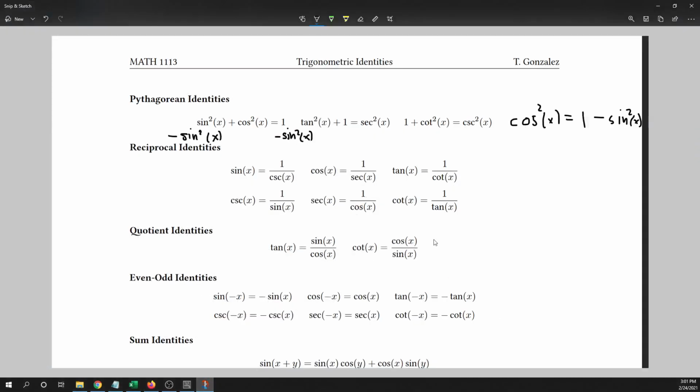So if I take a look at this identity and rearrange the terms, if I subtract cosine squared from both sides here, I'll get sine squared x equals 1 minus cosine squared x.